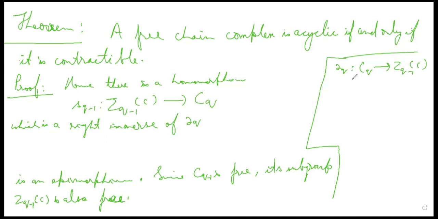So we can write the kernel of this, Z_q(C), we can write C_q like this. In fact, isomorphic, right? So we can always define a map S_{q-1} from Z_{q-1}(C) to C_q. Just inclusion, right?